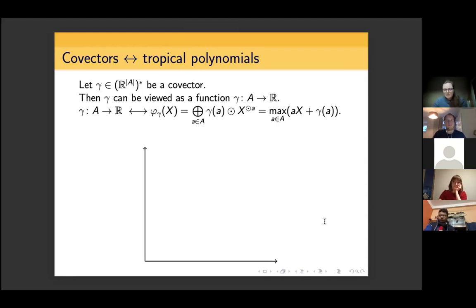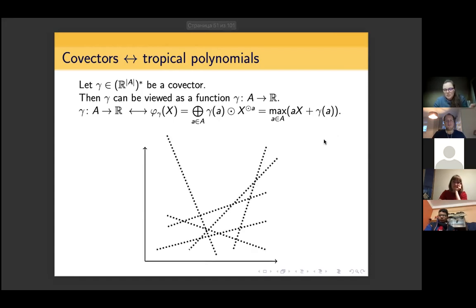Now let's draw. If you want to draw a graph of a tropical polynomial in one variable, what do you have to do? Well, you can draw all these affine linear functions, all their graphs, one by one. You've done it. Good. So now we can take the max. Again, very easy. And then you immediately find those points where the slopes change.